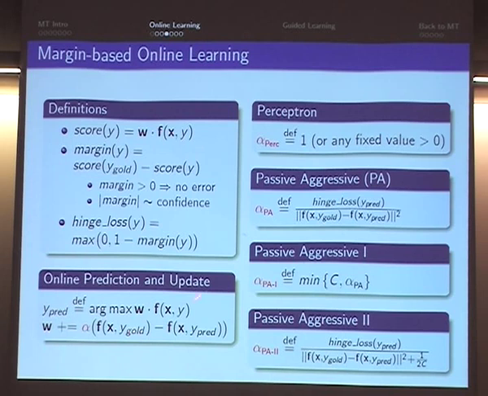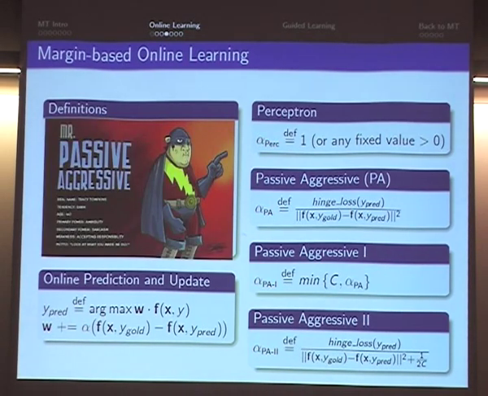So in the original perceptron, the alpha is a constant, either 1 or any positive constant, but there is a set of so-called passive-aggressive algorithms by Crammer and Singer, and the aim of the passive-aggressive update is, well, to be aggressive.